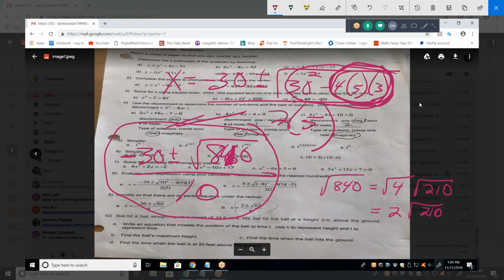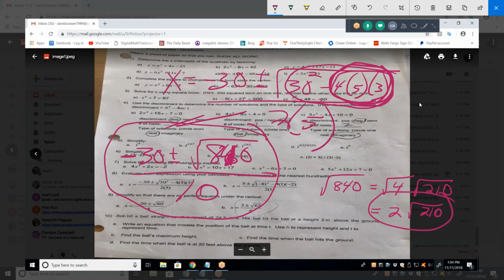And I don't see it. I don't think it's divisible by 16. Definitely not by 25, not by 36, not by 49, not by 64. That's when I stop checking. Okay? So that appears to be the answer.